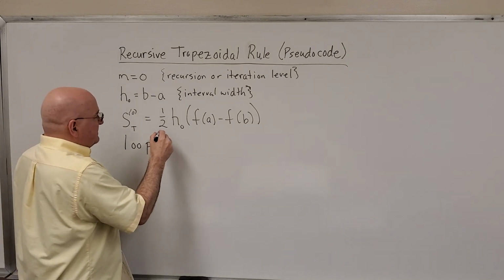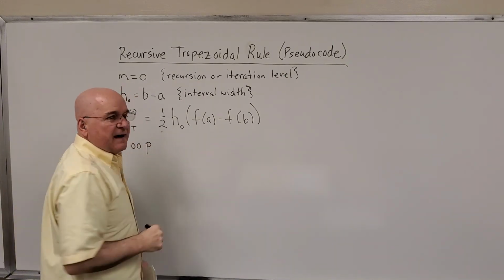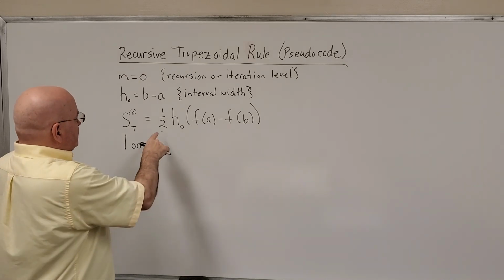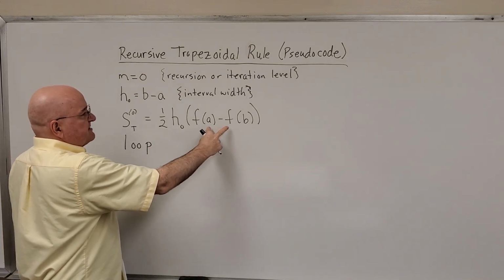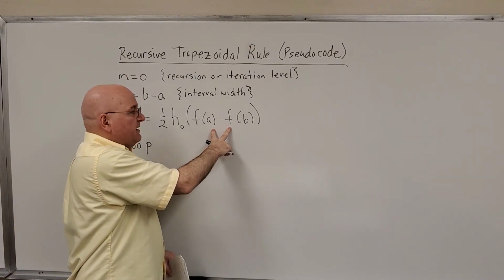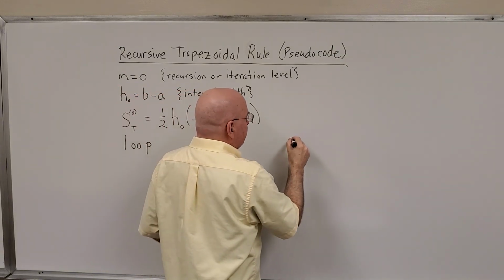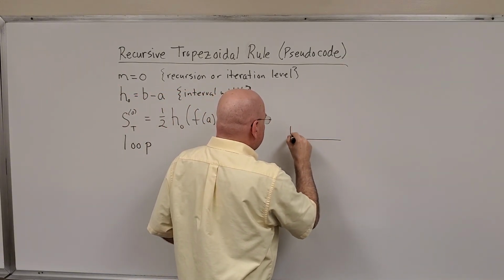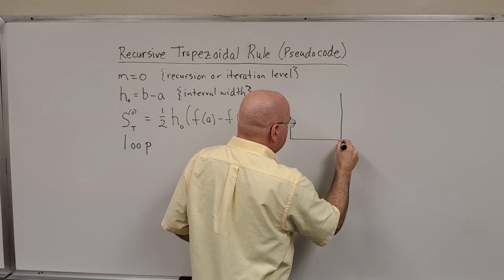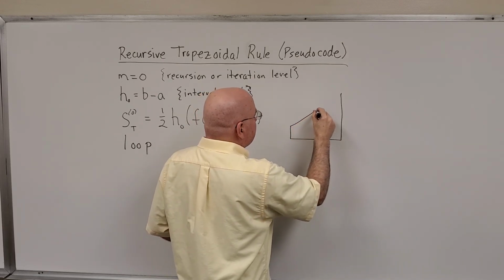And if you'll notice, this is just the area of a trapezoid. It's 1/2 the width times the sum of the two heights of the endpoints. Basically, if you don't remember, we've got two parallel lines here, and then something like this.